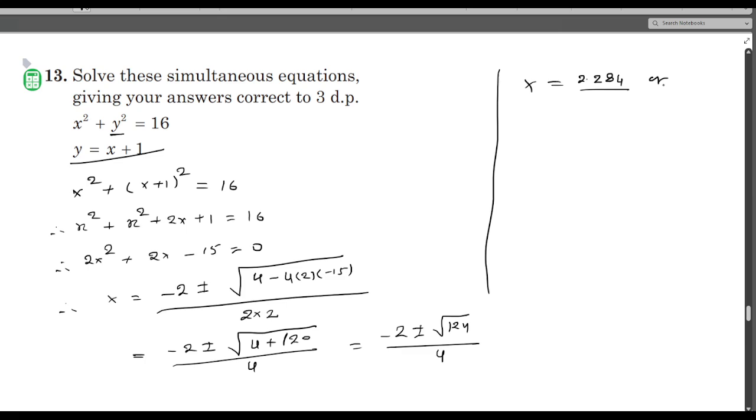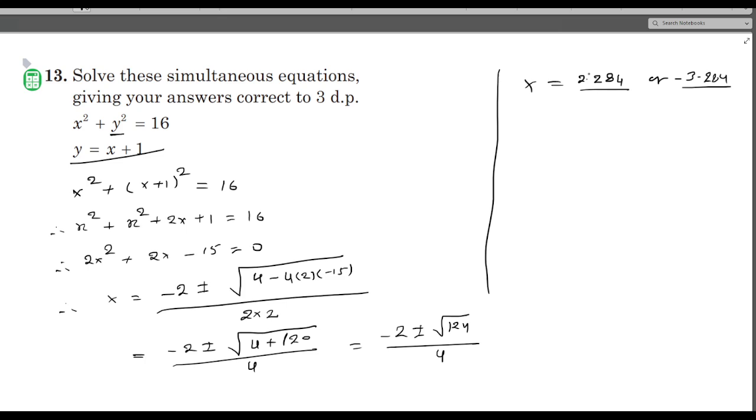Or it is minus 2 minus root of 124 divided by 4. So minus 3.284. Okay, let us check the first one. Minus 2 plus square root of 124 divided by 4, 2.284. Okay, that is okay.